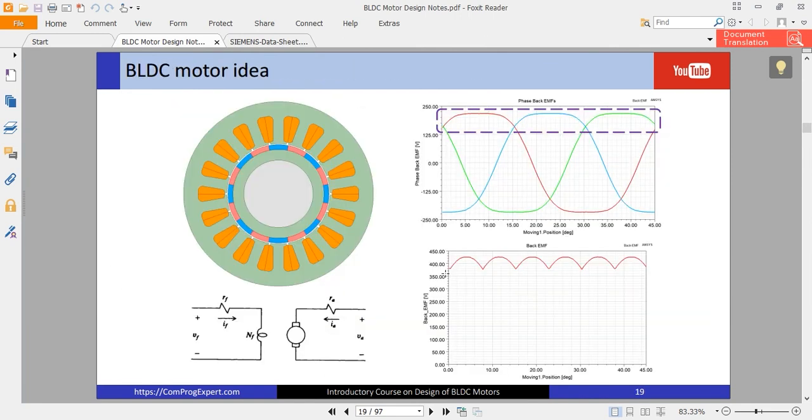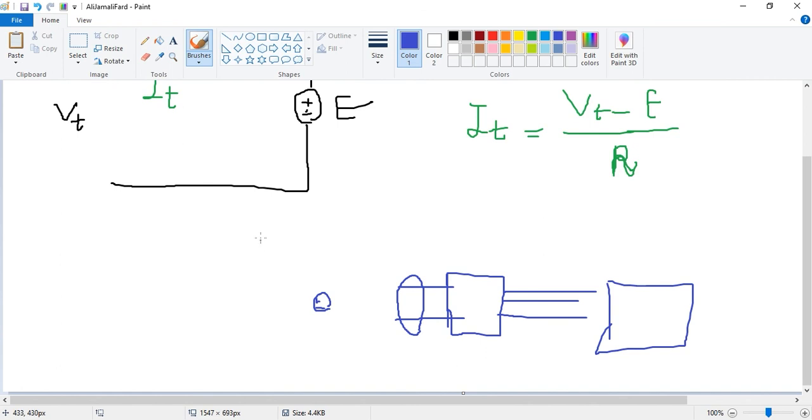Also, we will calculate this by the finite element method, right? So I have a DC voltage here, and I have a voltage like this. If I plot these two waveforms in one graph, I have something like this.